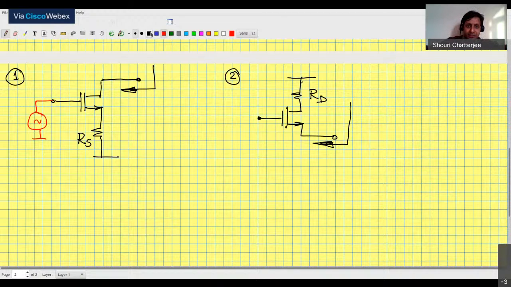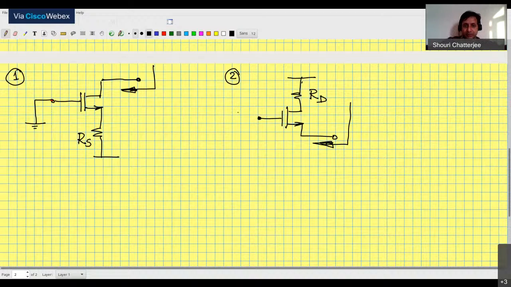That is, you have to make it 0 volts. You can apply the input here, of course, but as far as measuring the impedance is concerned, this input becomes 0, because it's a short circuit.